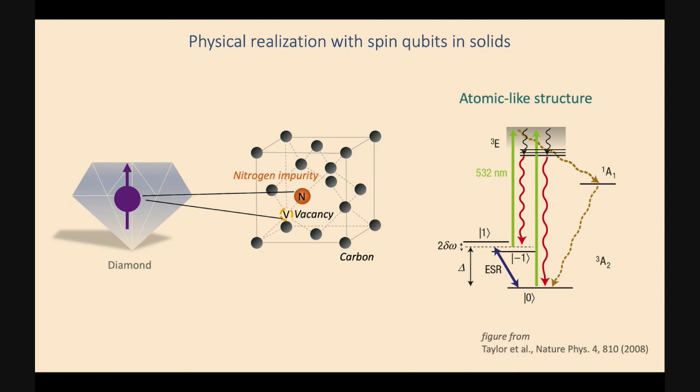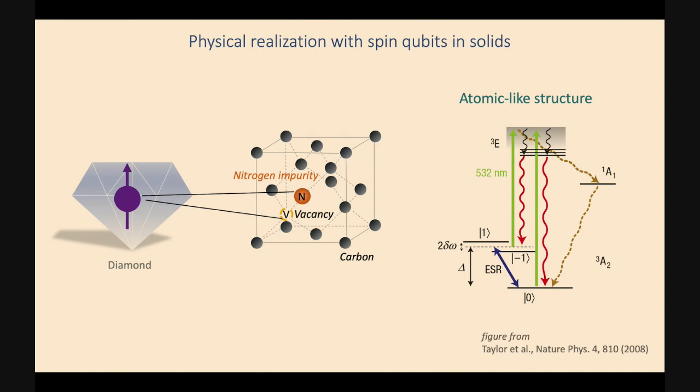And locally, the dark gray circles are carbon atoms. And then locally, there's 2 carbon atoms missing. One of them has been substituted by nitrogen. And one of its neighbors is just vacant. There's no carbon there.